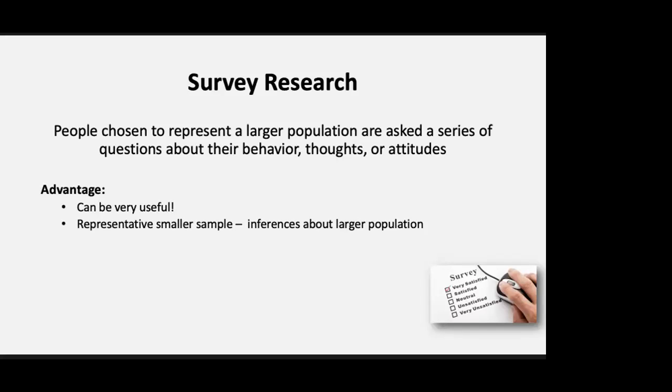You can maybe get information on, I don't know, 500 people who experience that, even though there's tens of thousands of people across the nation. You can take those answers, as long as you get a randomized sample and do all the things you're supposed to do, and you can use that information you gather and apply it to the larger population, rather than having to have tens of thousands of people come in and answer these questions.